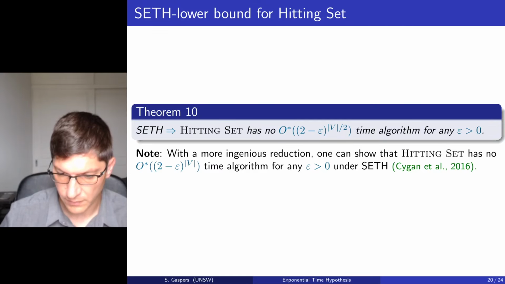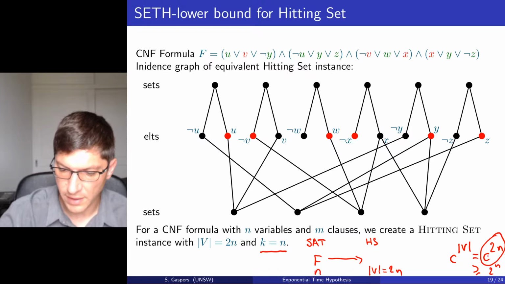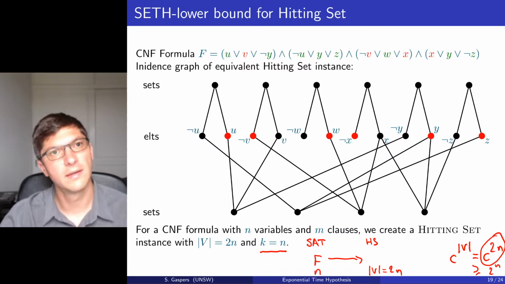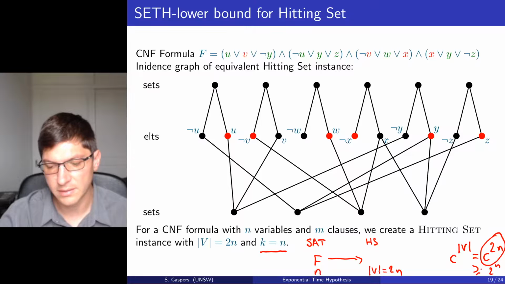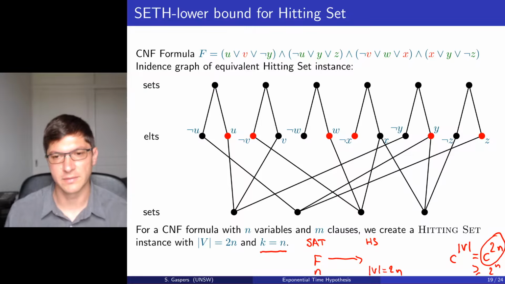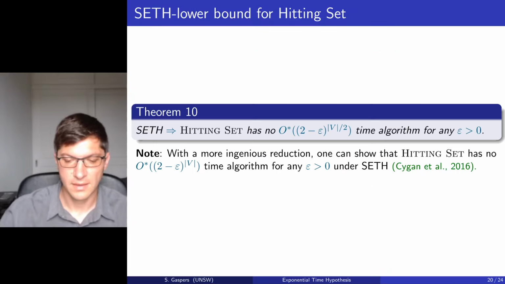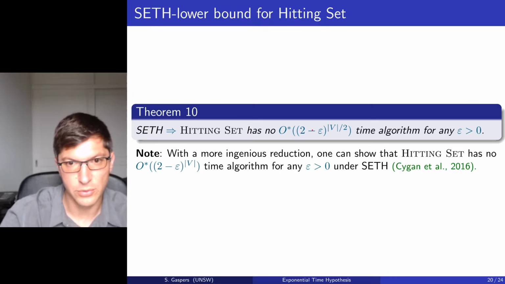And of course, if c is less than square root of 2, then we would violate the strong exponential time hypothesis. And of course, the square root of 2 is 2 to the power 1/2.